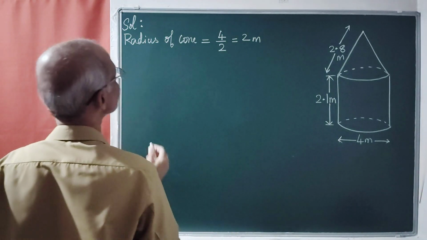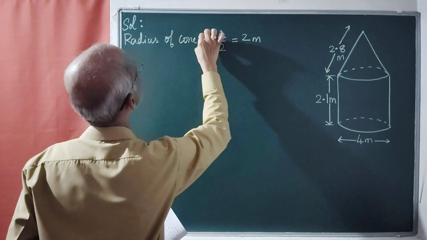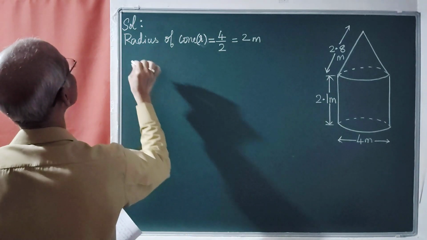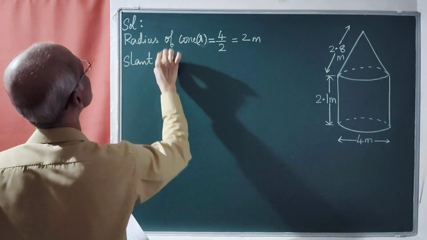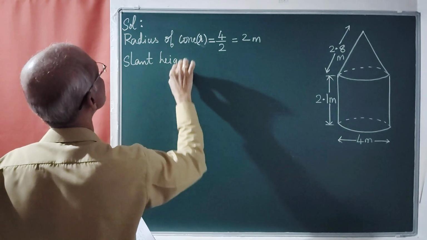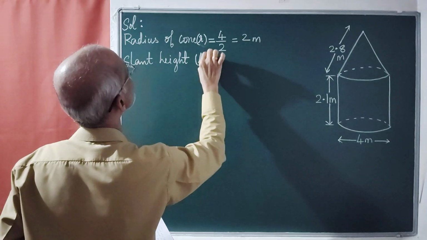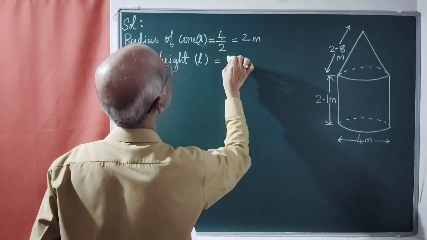Now slant height of cone, slant height L is equal to 2.8 meters.